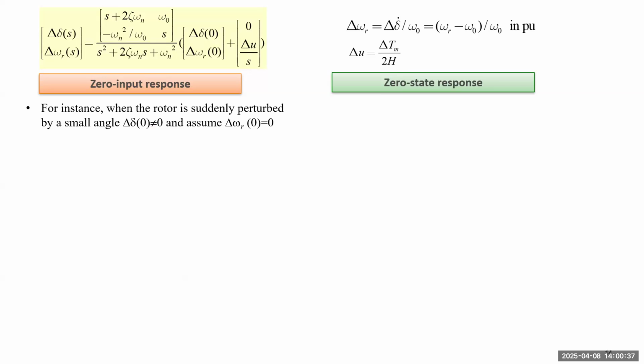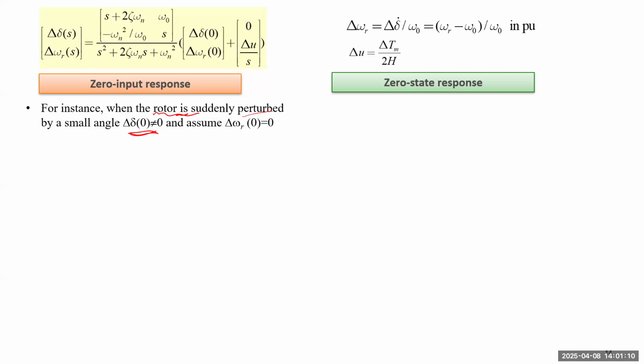For zero input response, we have to give some initial state, not at the equilibrium point. Because we have two state variables, you can add any perturbation to either one. For instance, we assume the rotor is perturbed such that it will have some initial angle. You don't have to ask how this angle is generated, it just starts from a non-zero angle.